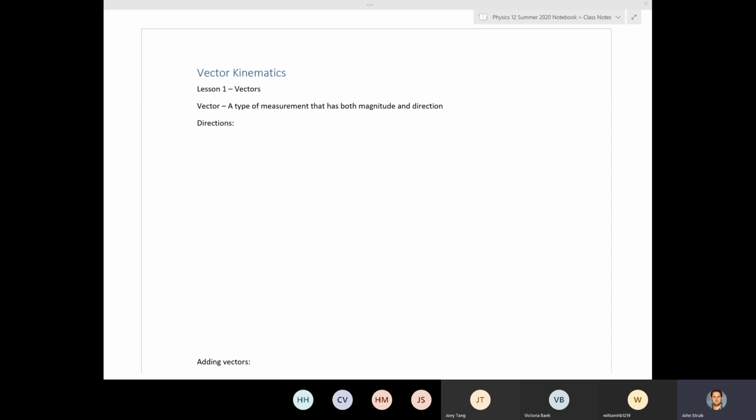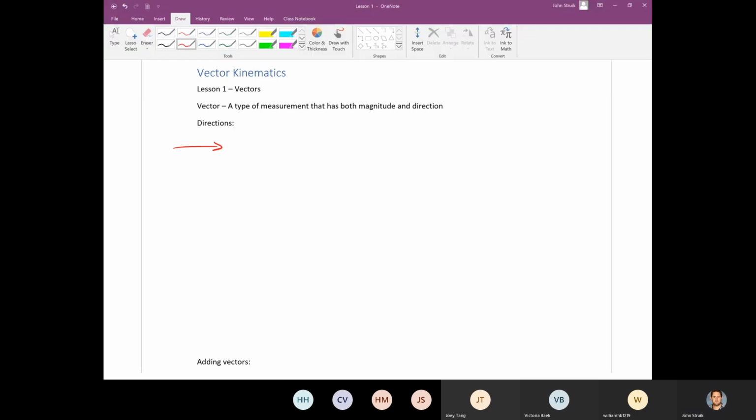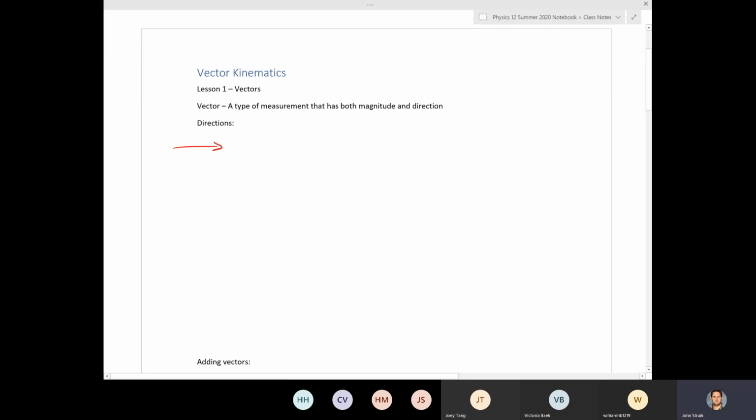In terms of direction, I'm going to ask for input. What would you say that is? What direction is that? Go ahead and pipe in. Anyone can talk. Nobody knows what direction that is? East.